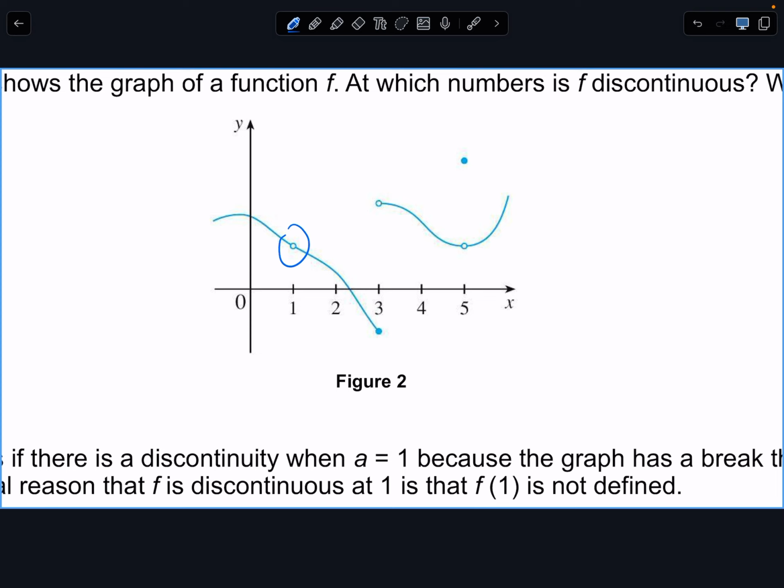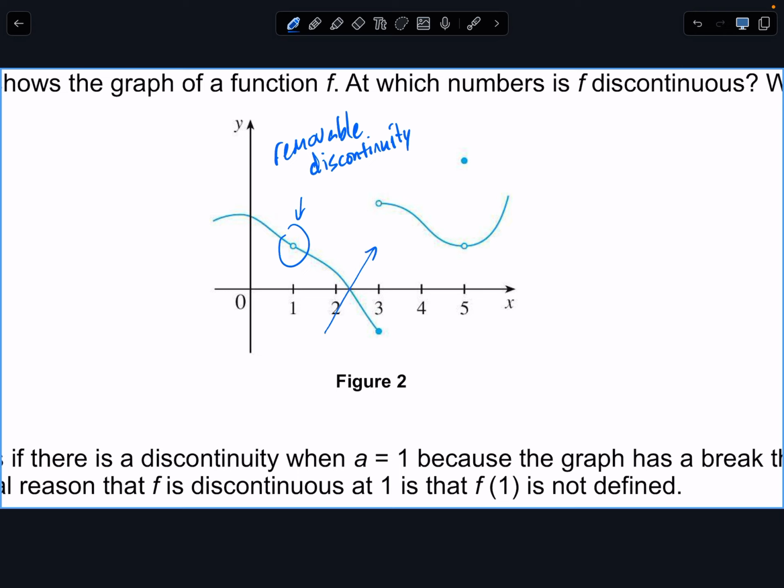And this is a certain type of discontinuity called a removable discontinuity. It's a big word. Okay, and the next number it's not continuous at? 3. Yes.